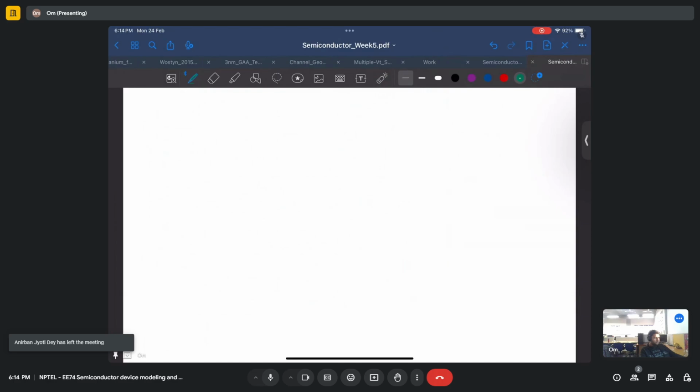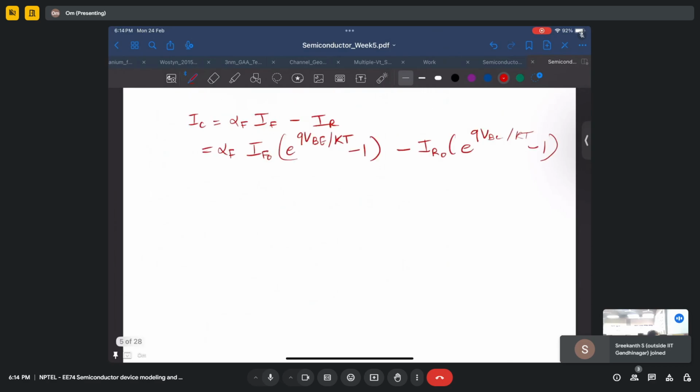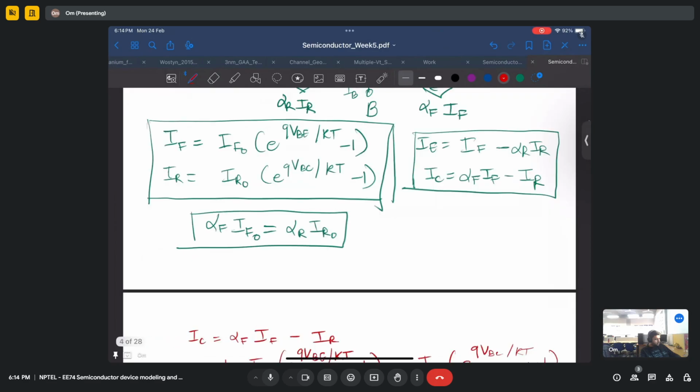So IC we know is alpha F IF minus IR, which is alpha F IF naught into e to the power qVBE by KT minus 1, minus IR naught into e to the power qVBC by KT minus 1. So we know the values.